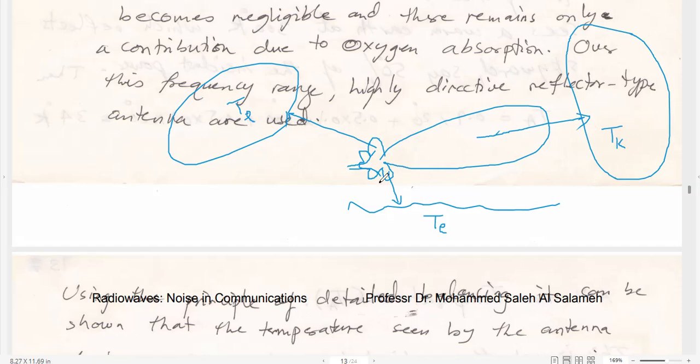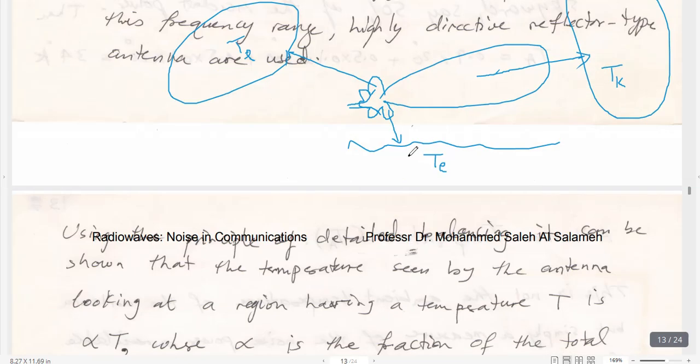The power radiated towards the earth divided by the total power is the portion of the radiation towards the earth, and we multiply it by Te, and we add these two values. Then we add also alpha L times TL. Alpha L is the portion of the power radiated towards this region times the temperature of this region.